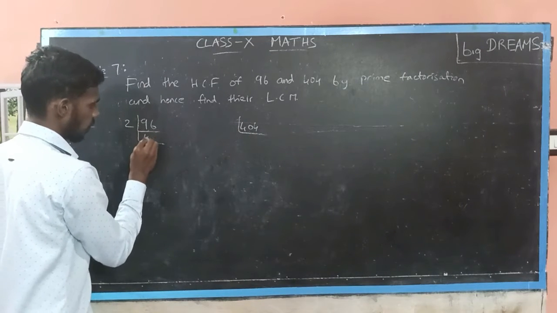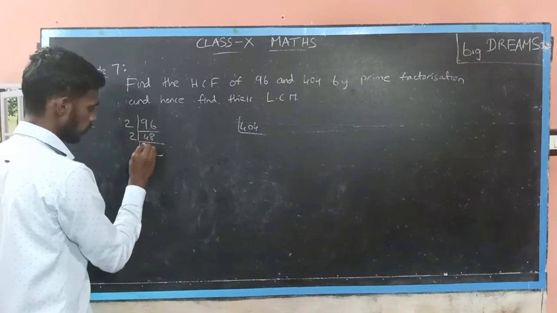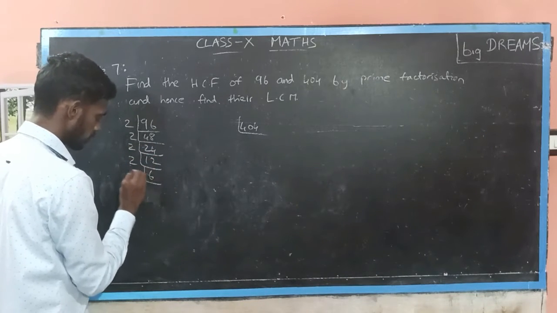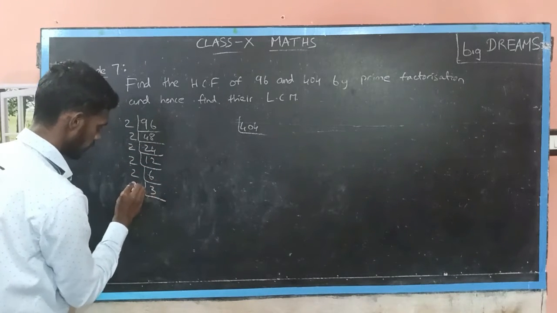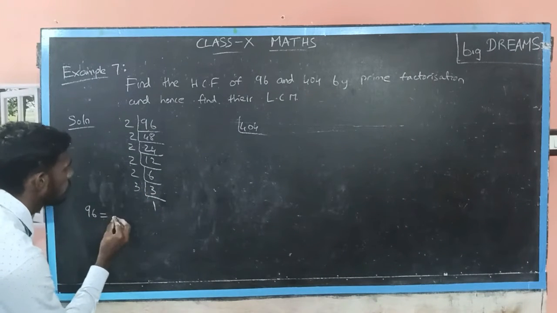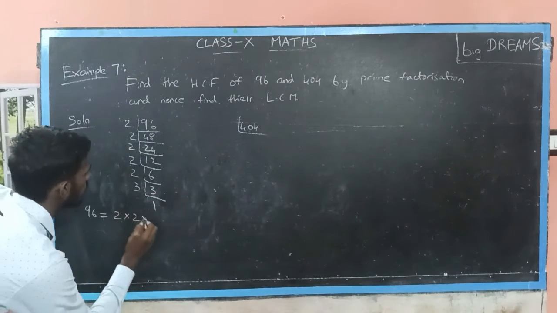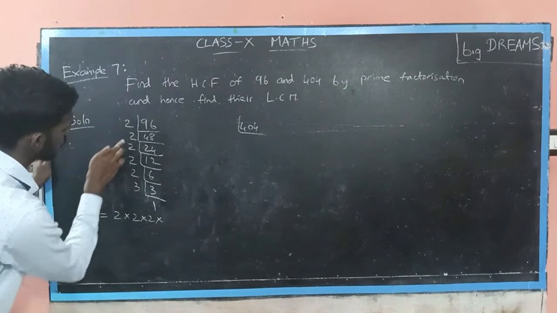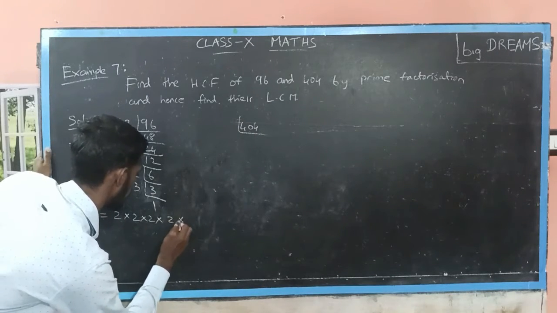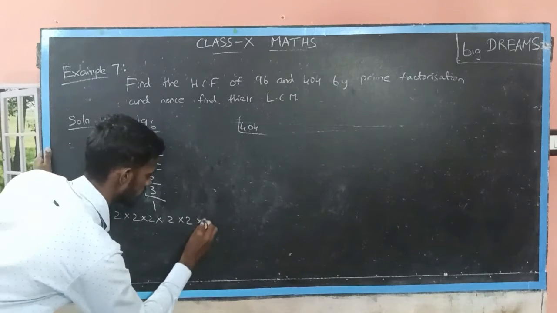Here I will get 48, by 2 24, by 2 12, by 2 6, by 2 3. So 3 1. Okay, 96 is equal to 2 into 2 into 2 into 2 into 2 into 3, that is five 2s and 3.